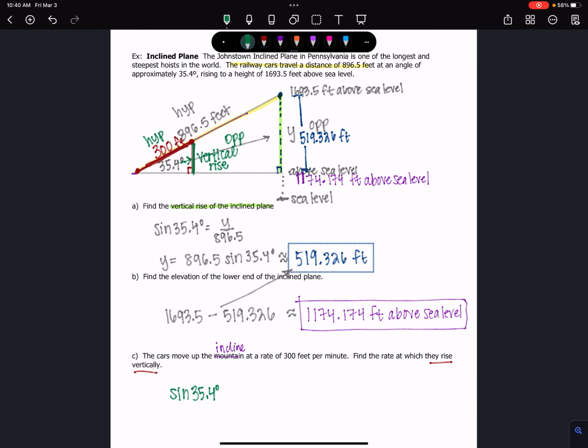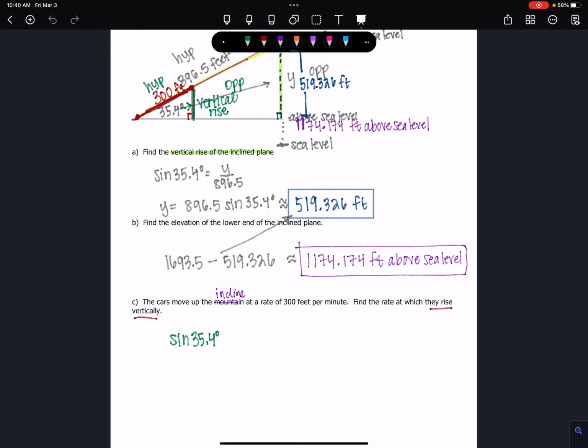I'm going to have the sine of 35.4 degrees, the sine of this angle right here, equal to this vertical rise over 300. I'll just call this x over 300.